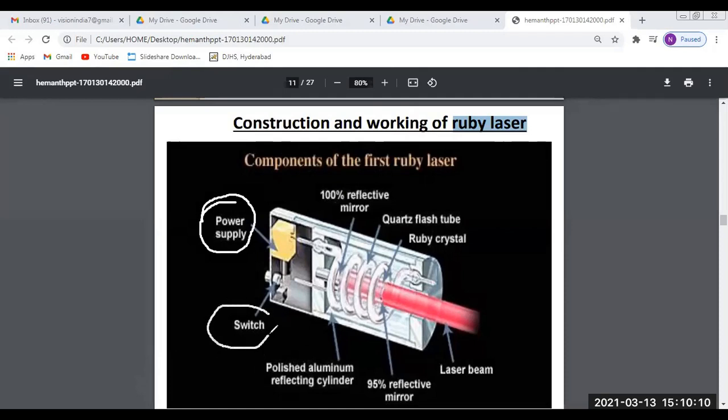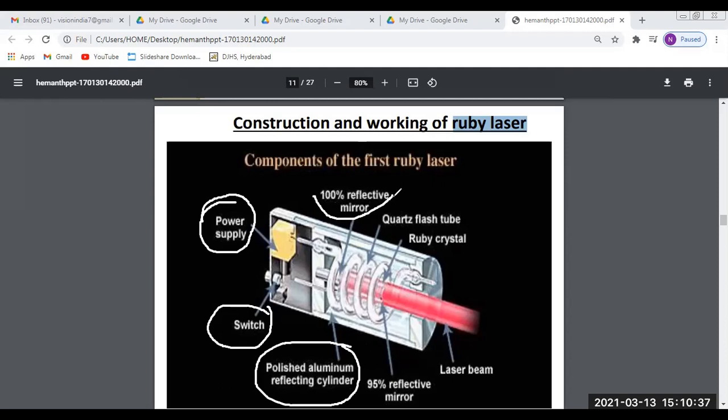With this, we'll start giving the power supply to the quartz flash tube. You can see there is a helical shaped quartz flash tube, and here you have a polished aluminum reflecting cylinder, and we'll have two types of mirrors here. On one side, you have a 100% reflective mirror.